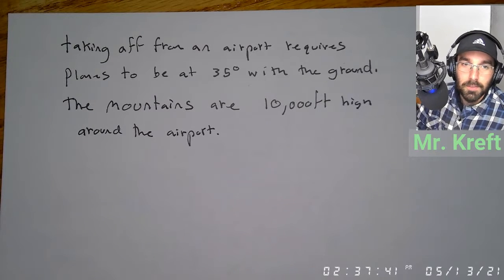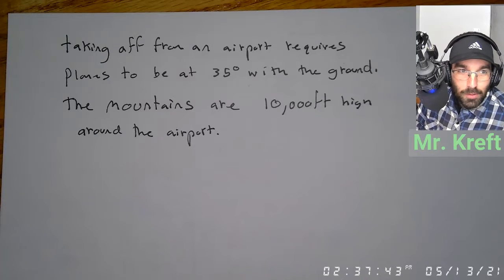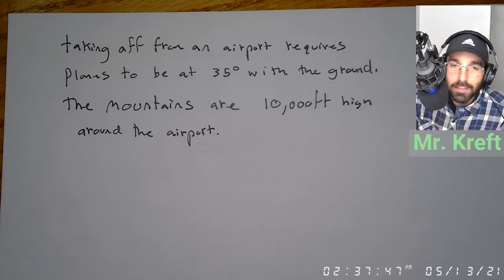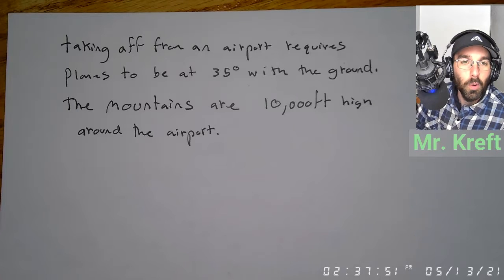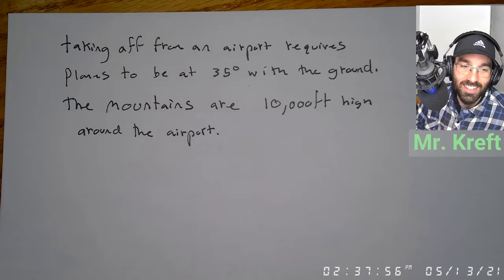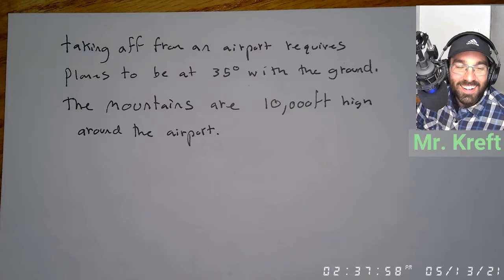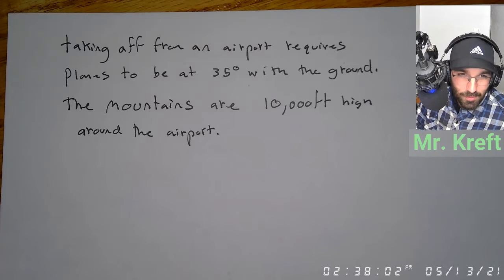Okay. So if you've got 10,000-foot mountains around the airport, and I know concrete's silly, but think of places that are surrounded by mountains, like Denver or Mexico City, right? We're not doing blimps and we're not doing hot air balloons. Okay, so we want airplanes.